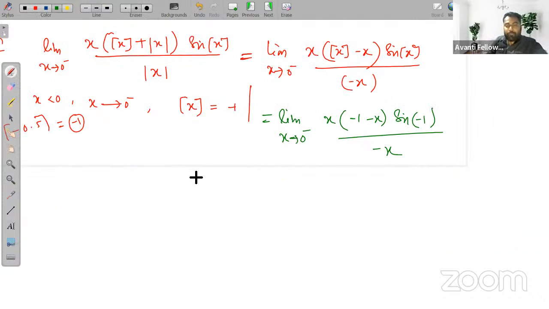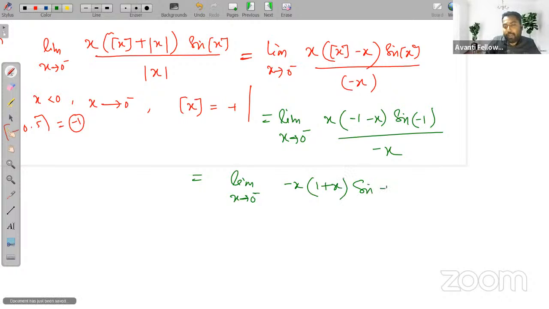If you simplify it, what we are getting here: limit x tending to 0 minus, so if we take -x as common, it becomes -x into 1 plus x into sine of -1, divided by -x.